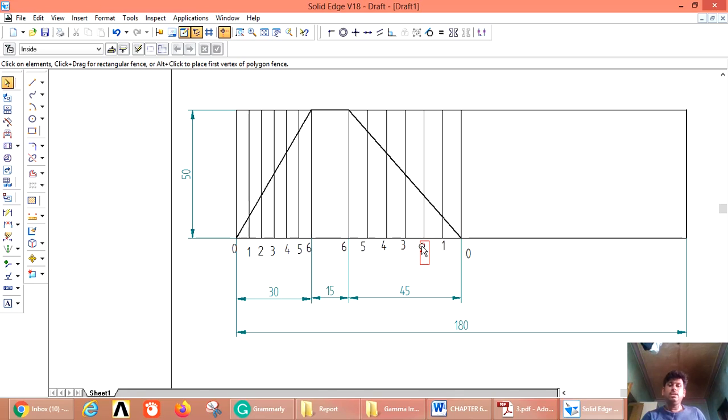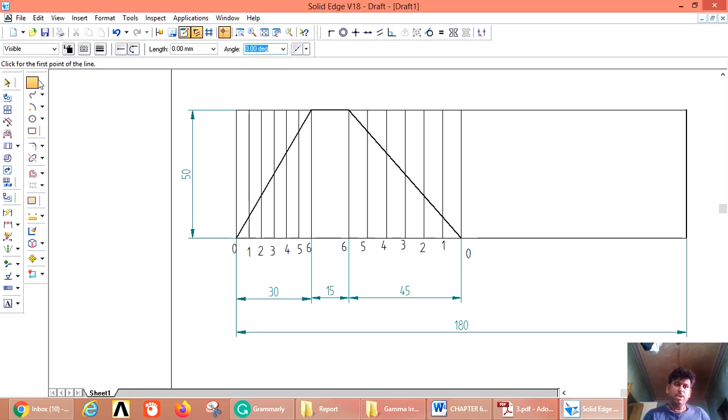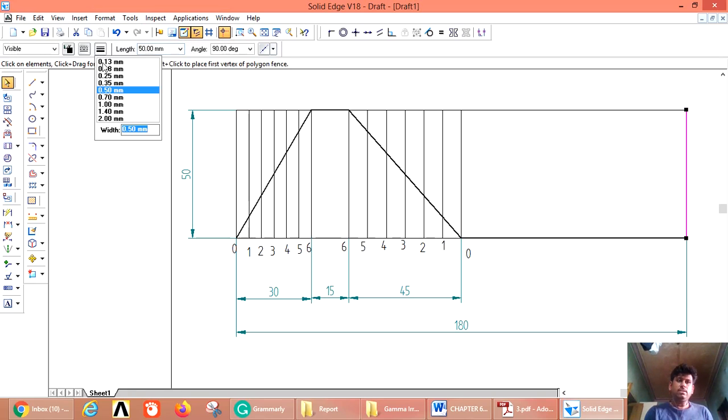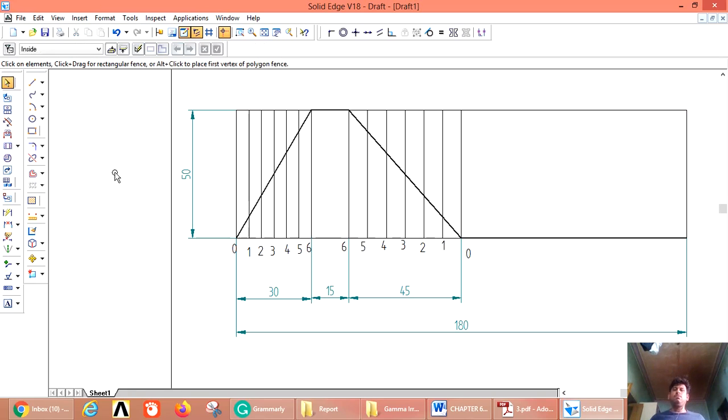The remaining 90 degrees is 4.5 centimeters, so 45 mm, and the remaining 150 degrees it will be at its lowest position. This is how you need to practice the displacement diagram for uniform velocity of the follower.